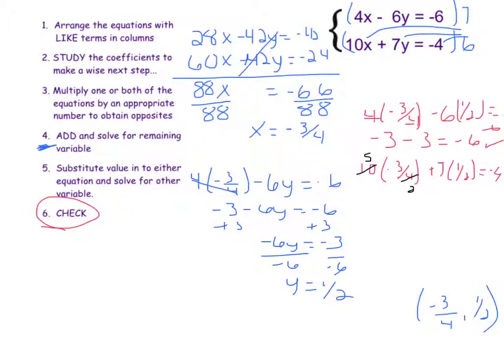So I have 5 times negative 3 is negative 15 halves plus 7 times 1/2, I'm just going to leave it in halves, equals negative 4. Some of you probably would do the division, and that's okay. You can put it in decimal form as long as it's not a repeating decimal. So negative 15 plus 7 is a negative 8. Negative 8 halves does equal negative 4. That checks out. So that is our answer.